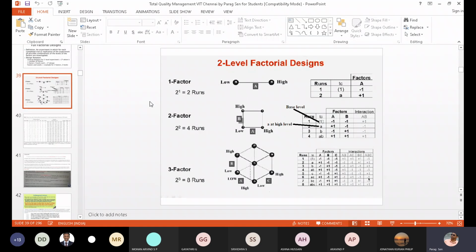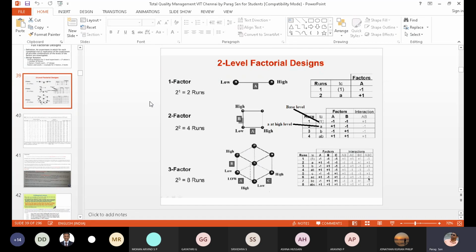Later on, we will also see that in case of the Taguchi robust design, if you just provide the values, the design matrix will be generated automatically.